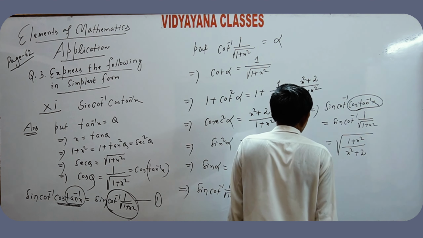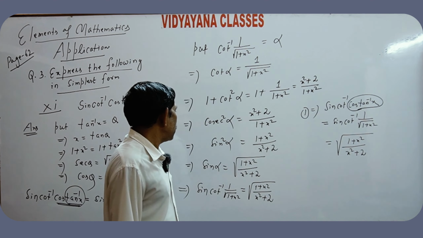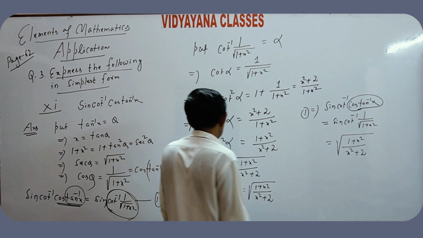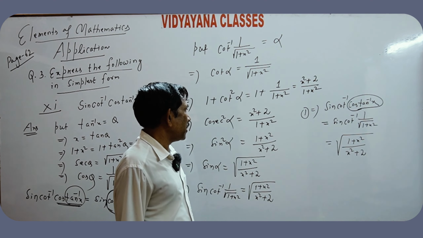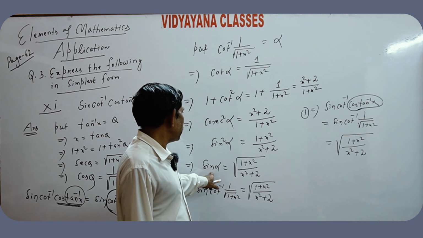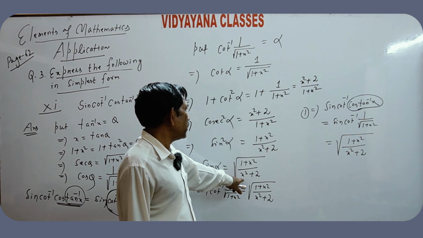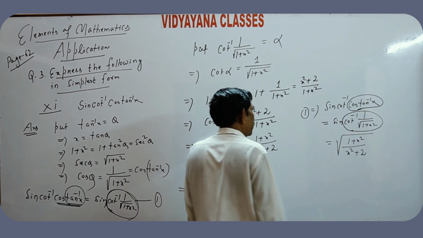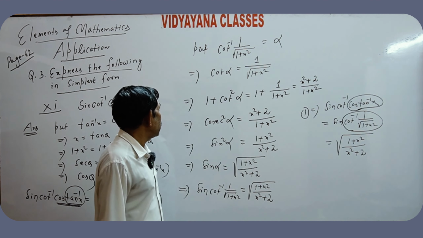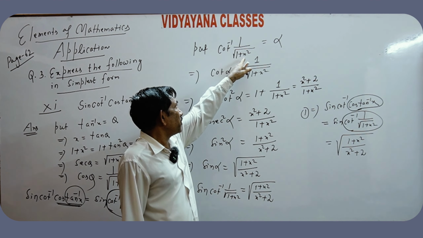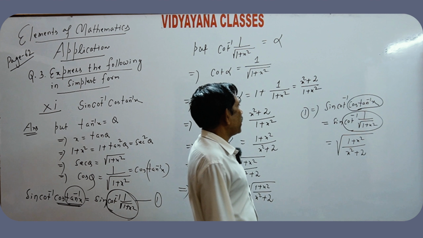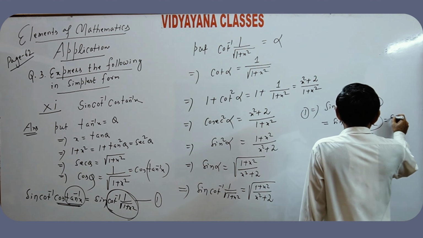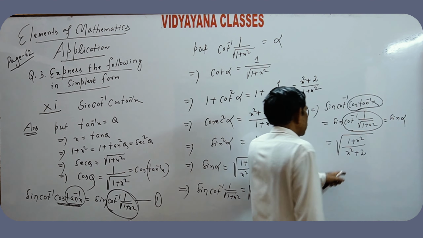Sin cot inverse of this, it is taken as alpha. The result is sin alpha. Sin alpha is equal to this result. Cot inverse 1 divided by root of 1 plus x square is taken as alpha, which is the same as sin alpha. Sin alpha is equal to this.